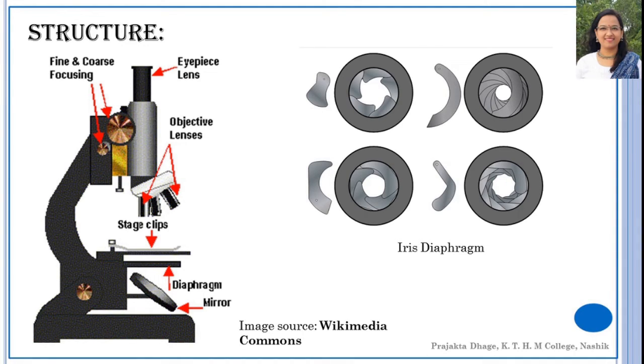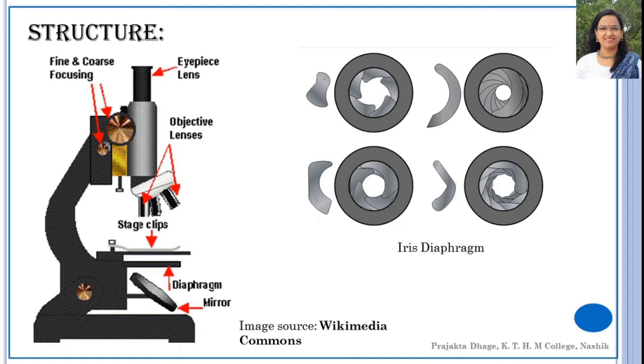As the name indicates, this type of microscope is made up of two lenses, an objective and an eyepiece, which is clearly seen in this diagram. The object is first magnified by the objective lens, and then the magnified image so formed is once again magnified by the eyepiece lens. In this way, the object is doubly magnified.